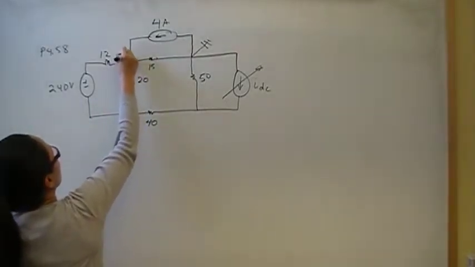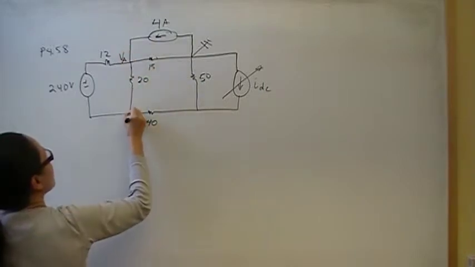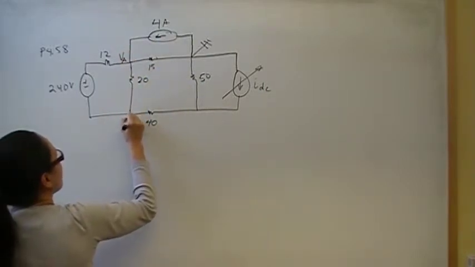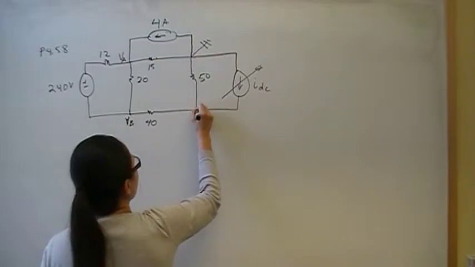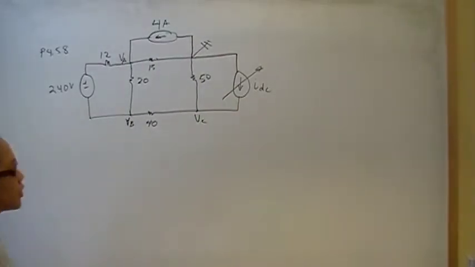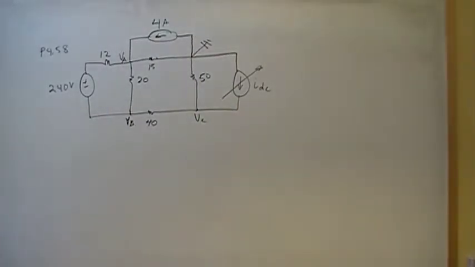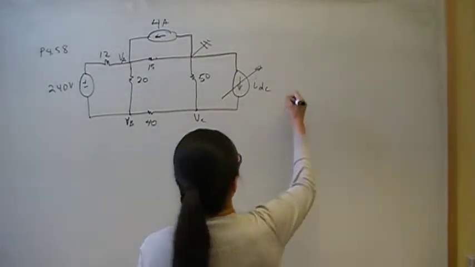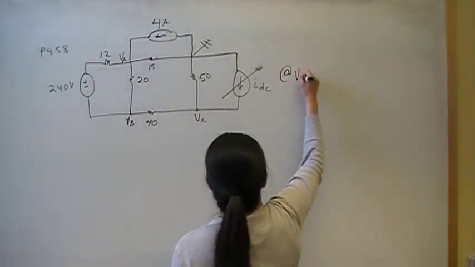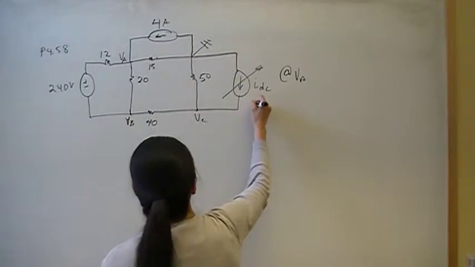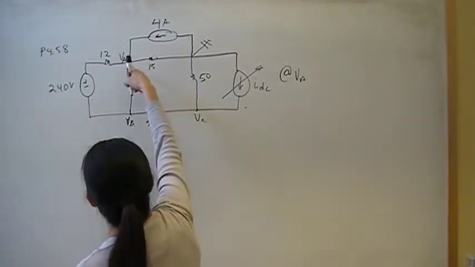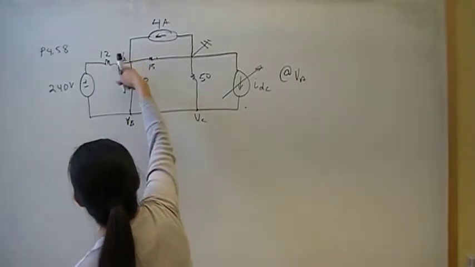So at this node there's some VA, and at this node there's some VB, and then here there's some VC, and then we'll start writing our nodal equations. So node voltage at VA, so let's go ahead and write that. So remember, we got VA, this voltage.